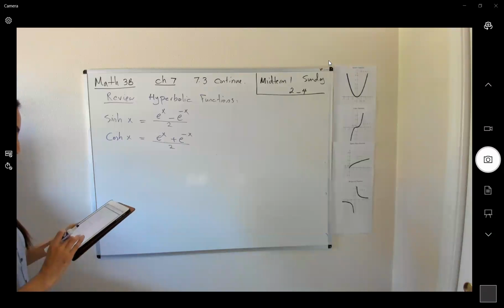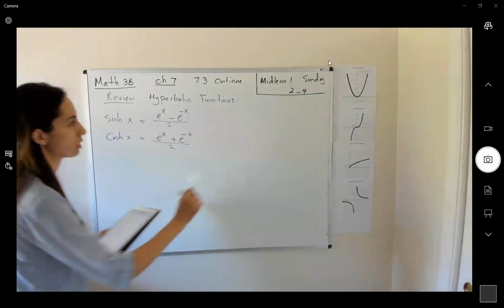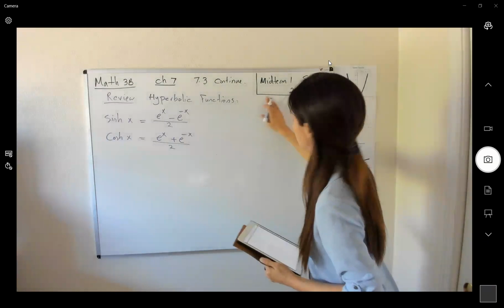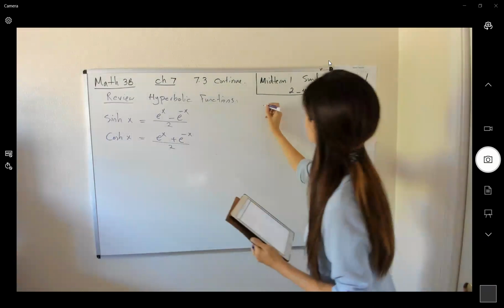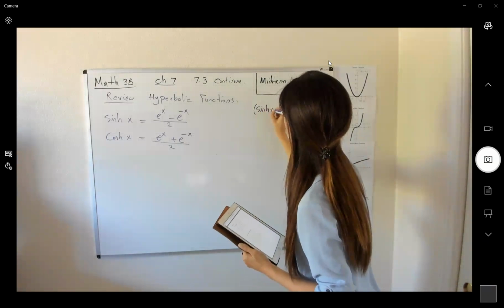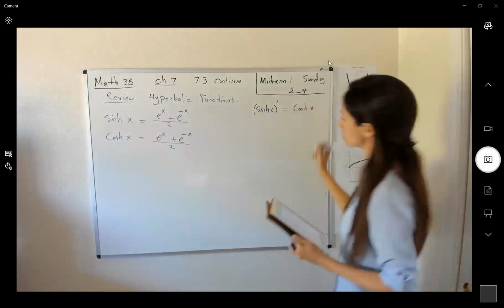Well, we also learned about the derivative and integral of these functions. So let's write them down here, important ones. Let's start by taking the derivative of hyperbolic sine, which is equal to hyperbolic cosine.